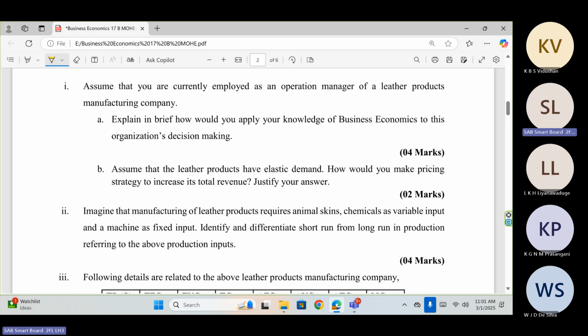Then they have to go for another machine. The time period where that firm is trying to install another machine, this company is moving to long run production, because the fixed input, the machine, also becomes variable, and the other variable inputs change anyway. That's 4 marks.